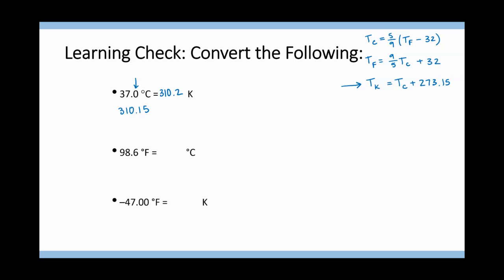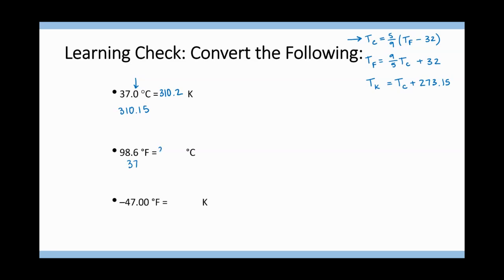The next one, we're converting Fahrenheit to Celsius. So we use this first equation. Plug in the number for Fahrenheit, solve for Celsius. And with 3 significant figures, if you plug this into your calculator, you should get 37 degrees Celsius.